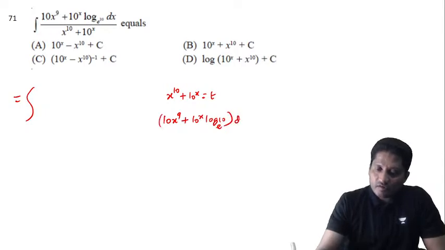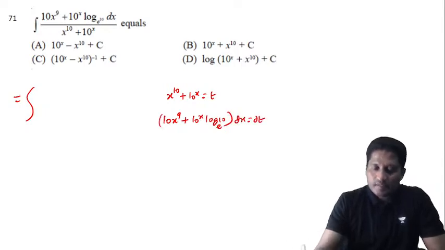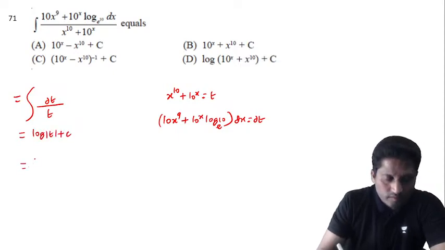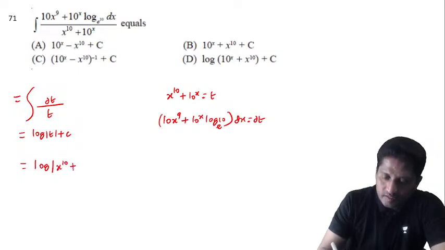Then this is dx equal to dt. Denominator will be t, numerator will be dt. Integration of 1 by t is log t. So this will be equal to log of x power 10 plus 10 power x plus c. Okay, answer is option D.